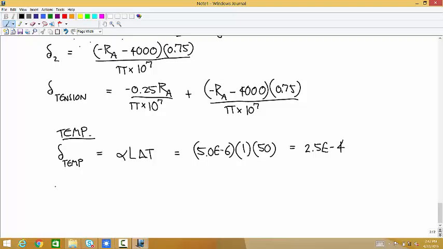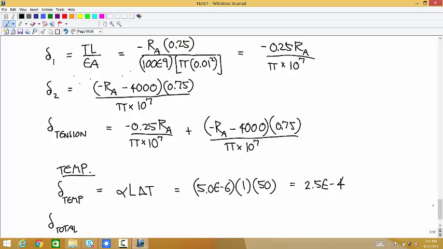And so now we can put these all together. The total elongation is equal to negative 0.25 RA over pi times 10 to the 7th plus 0.75 times the quantity negative RA minus 4,000.